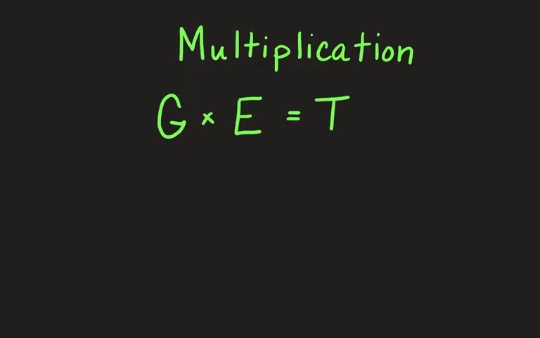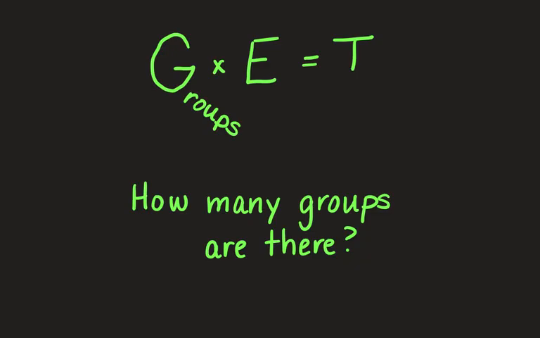A good way to understand multiplication and later division is to remember the word GET. So in multiplication, the G stands for groups. How many groups are there? In the Chun example, there were 3 groups.